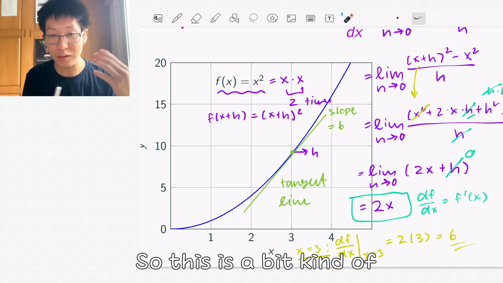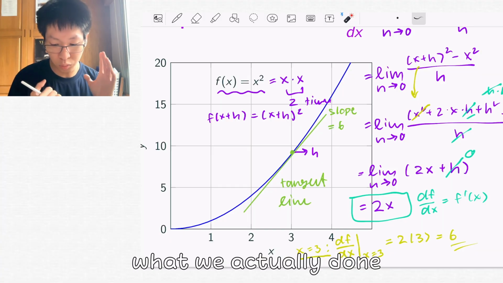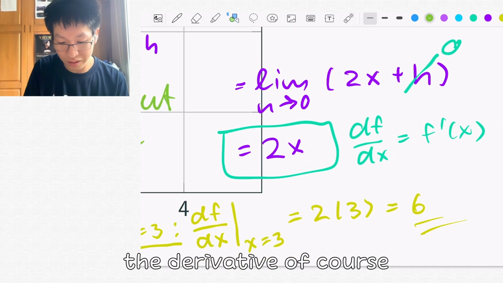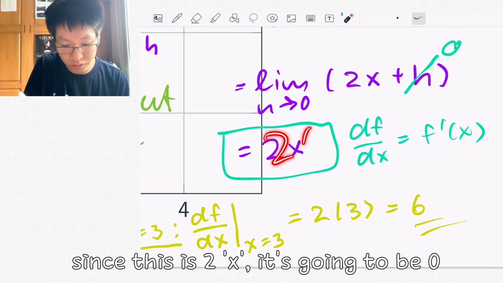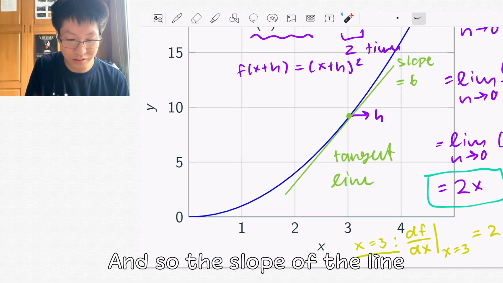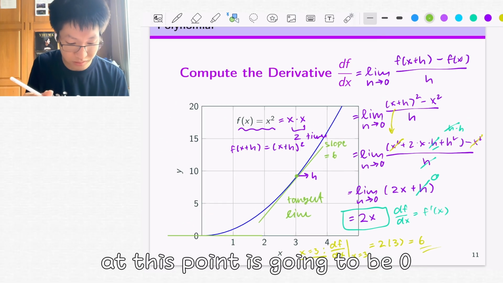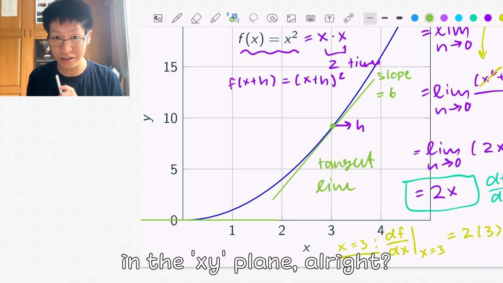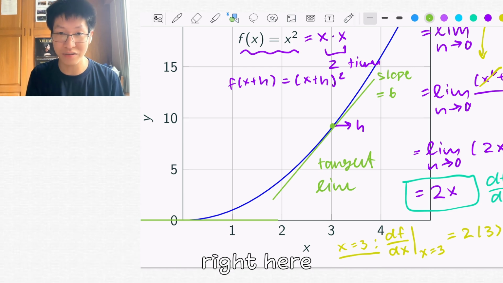This is a visual representation of what we did. At the point x equals 0, the derivative, since this is 2x, is going to be 0. So the slope of the line at this point is going to be 0, which just means it's going to be flat in the xy plane. It's going to be this flat line right here.